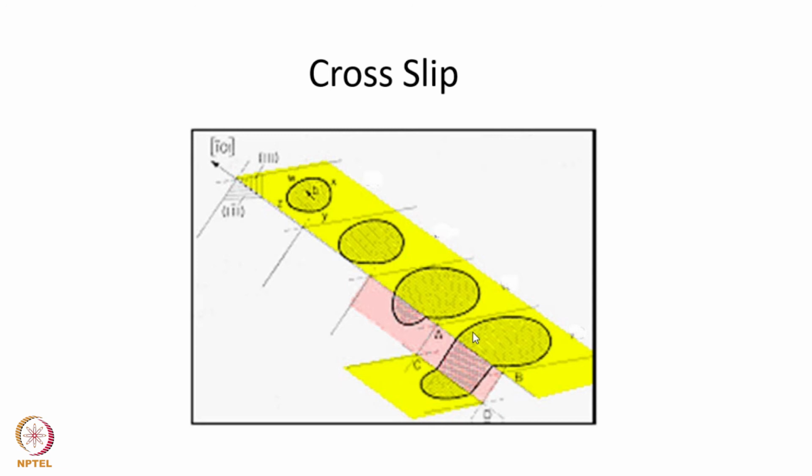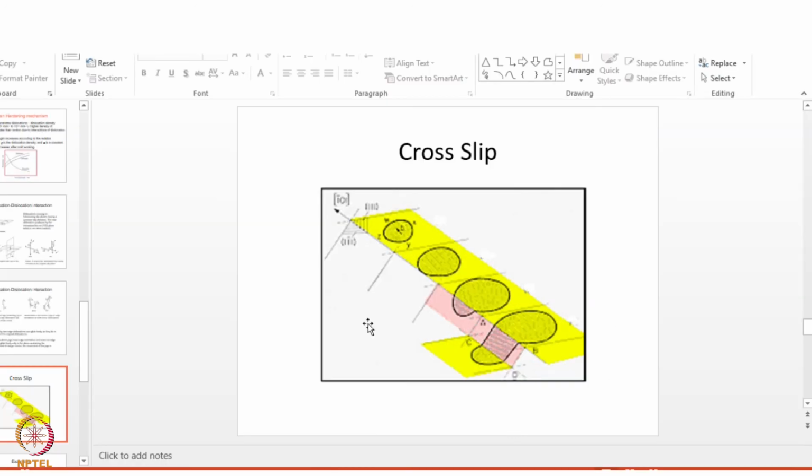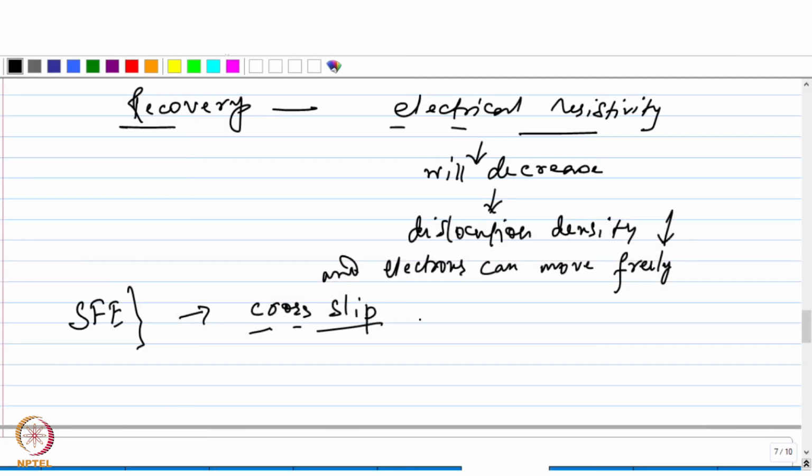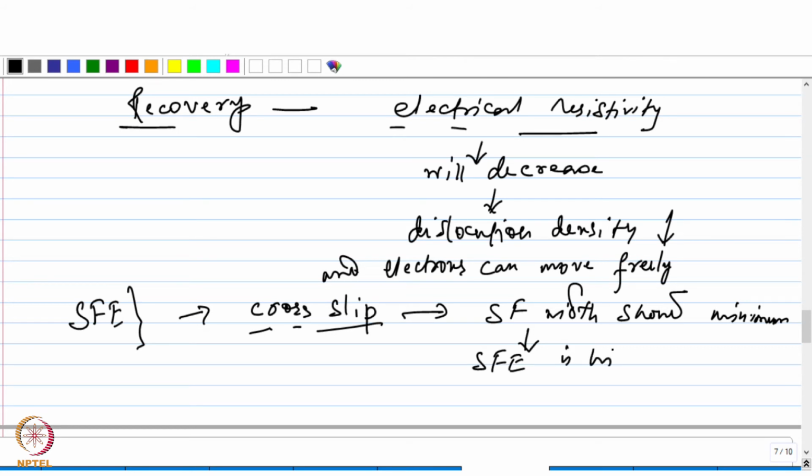So this would depend on the stacking fault energy of the material, because for this cross slip to occur, the gap or the width between the partial dislocations should be minimum, or the stacking fault width should be minimum, which also means the stacking fault energy is higher.